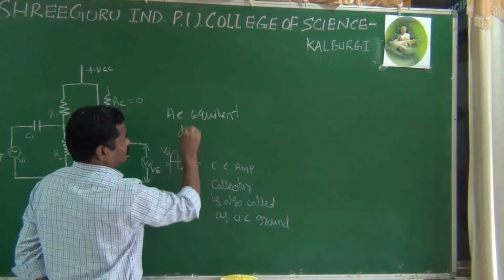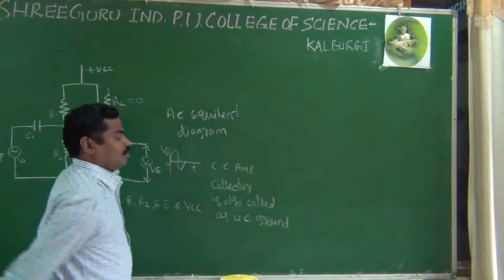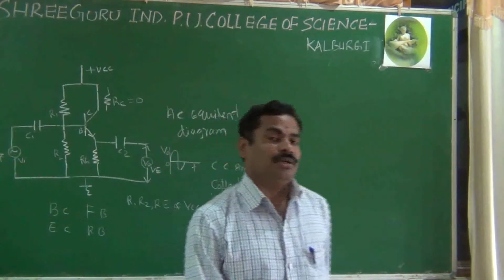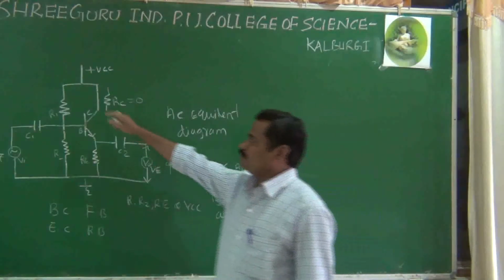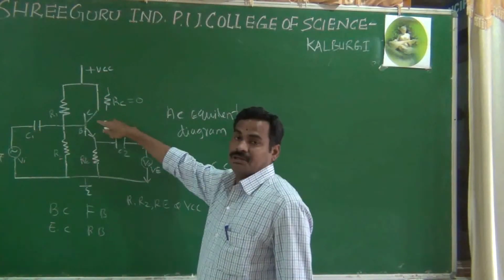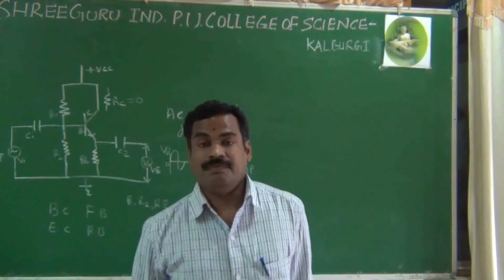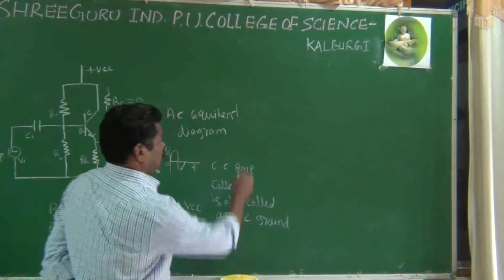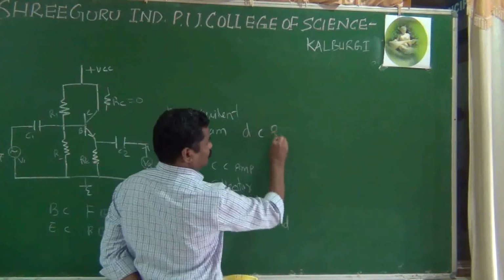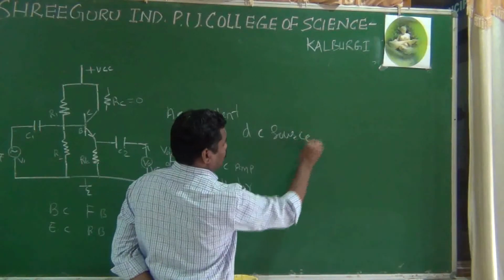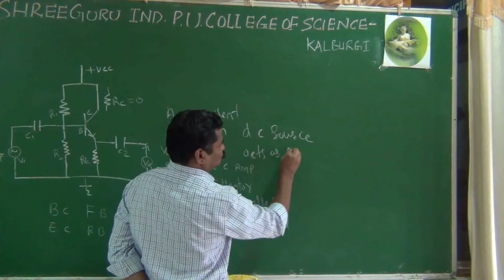diagram, then what happens? If you draw the AC equivalent diagram of your CC amplifier, the DC source acts as a short circuit.